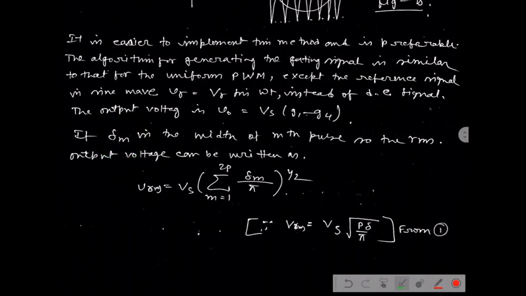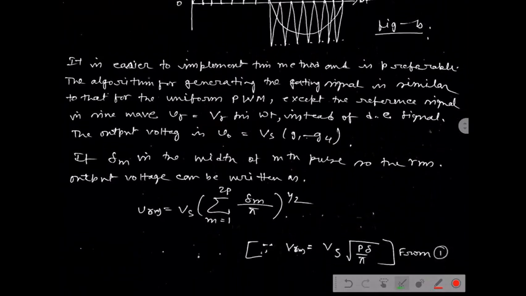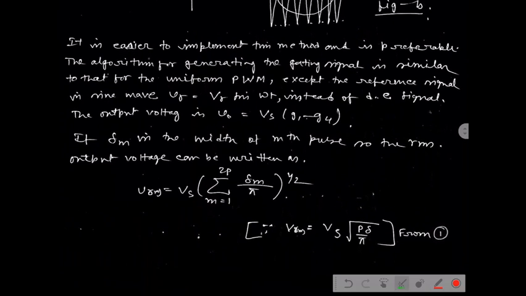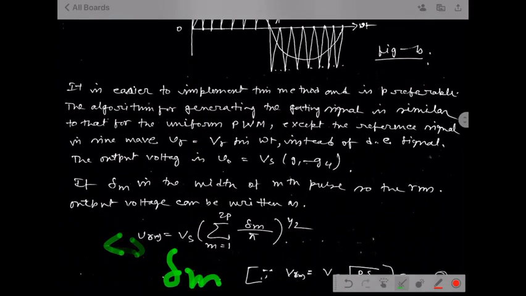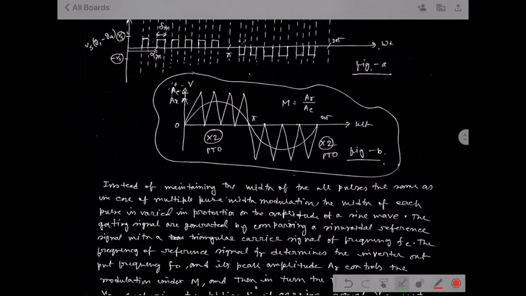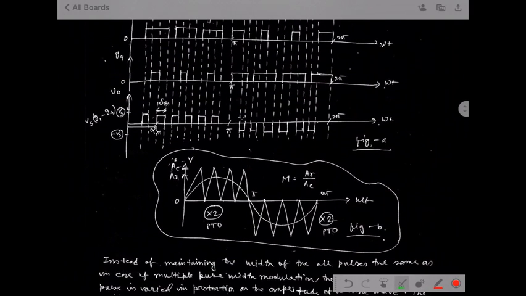Suppose we consider any pulse, the mth pulse, and suppose its width is delta M, which is depicted on the waveform. Here we mention the pulse width as delta M. I don't know the width of the pulse, so assume this is the mth pulse.